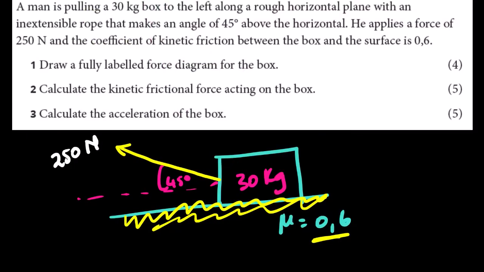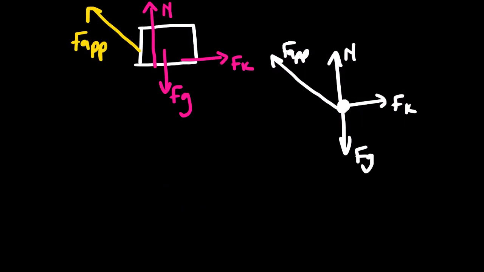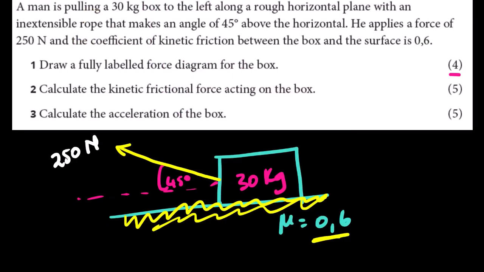So as you can see, it's 4 marks. This 4 marks simply guides us on how many forces are acting on the object. So as you can see, the free body diagram and the force diagram, we have 4 forces. Now let us go to the second question.